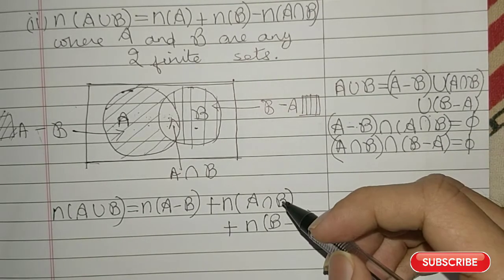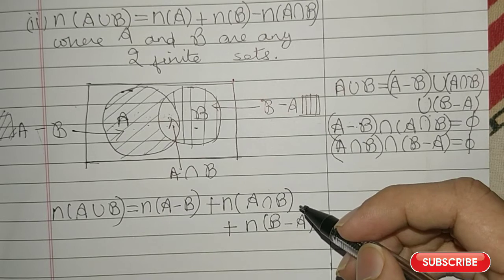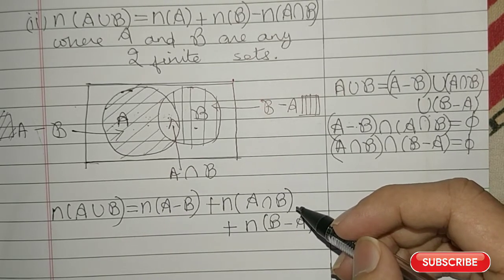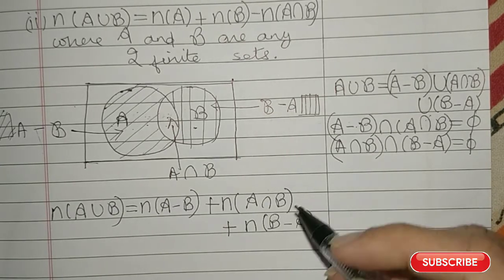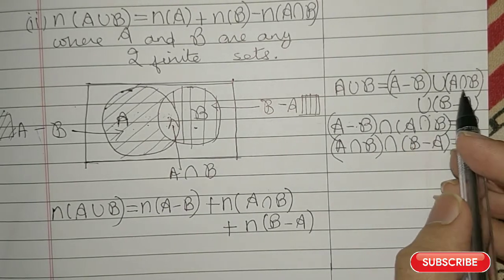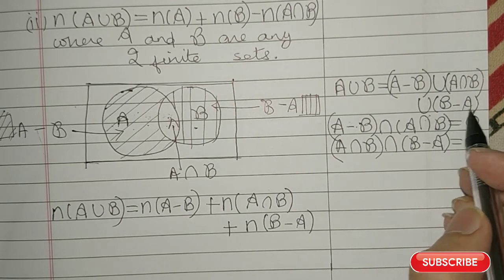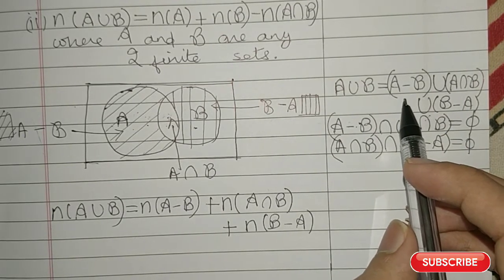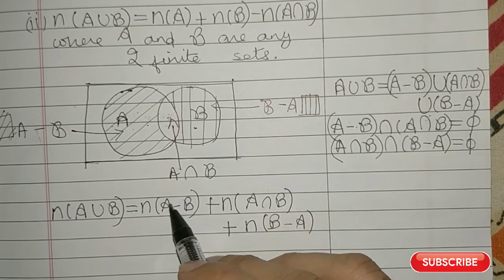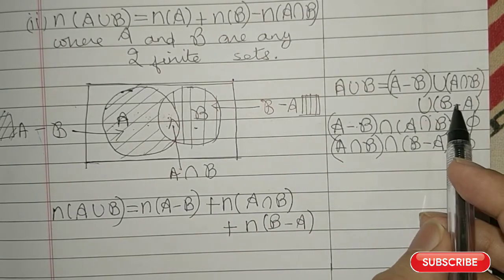Since A minus B, A intersection B, B minus A are disjoint, the number of elements will be the number of elements in this set plus this set, right?